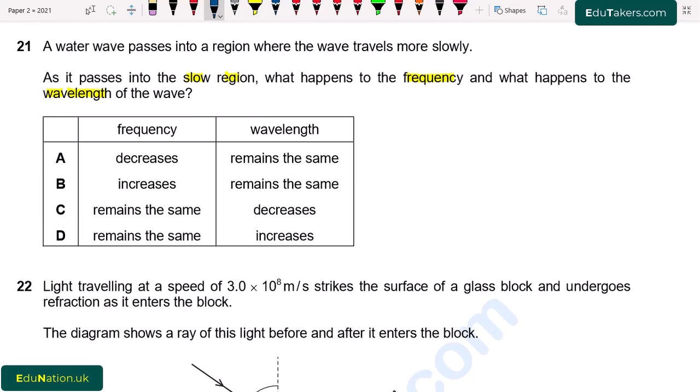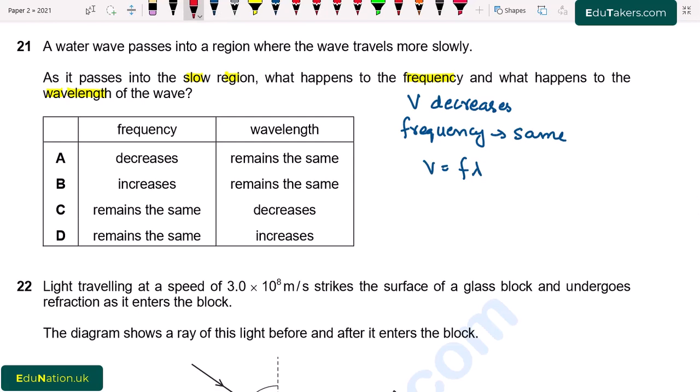So first of all, when the wave changes its medium, it means that there is a process of refraction. When it enters into the medium where it is slower, its speed decreases. But the number of wavefronts remains the same, which means that the frequency is the same. And by the wave equation, v is equal to fλ.